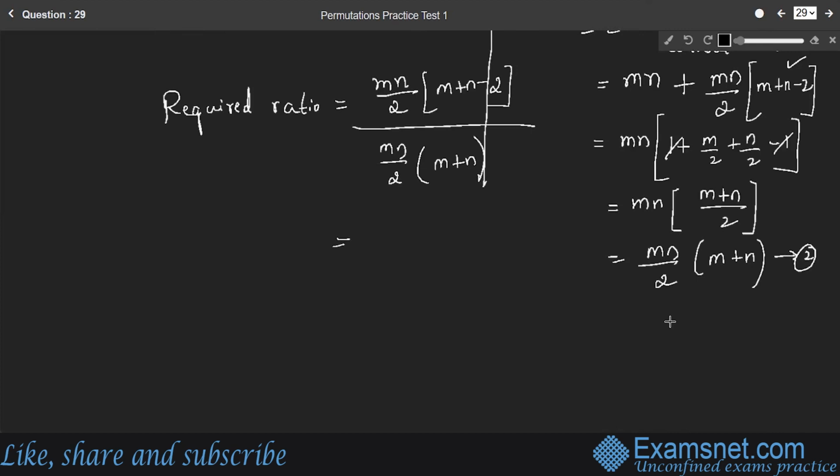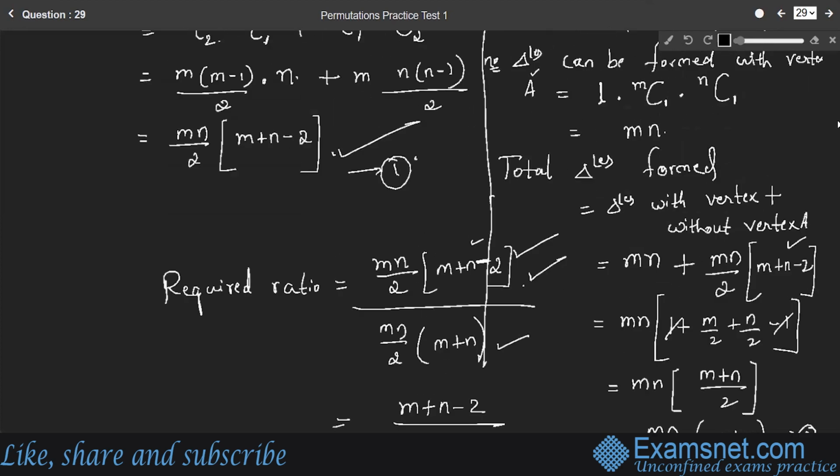Minus 2 means fewer triangles can be formed in the first case because A is excluded; 2 is subtracted here. In the second case, we can form more triangles because we have included A also. Therefore, the required ratio is m plus n minus 2 by m plus n.